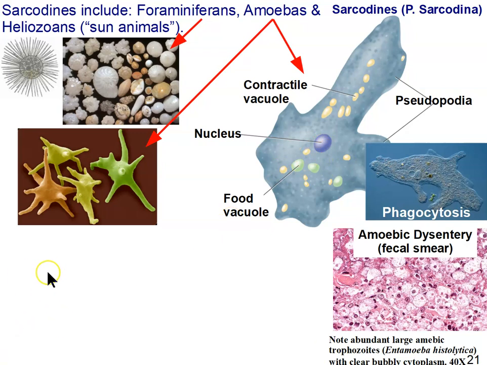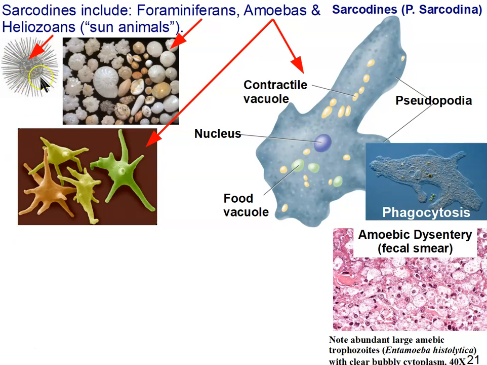And then finally, as an example on this slide, we have the heliozoans, and helio refers to sun. So heliozoan, literally, and zoa always refers to zoo or animal. So this literally translates to sun animals, and you can see why they call them sun animals. They look like a starburst or something radiating like the sun radiates.